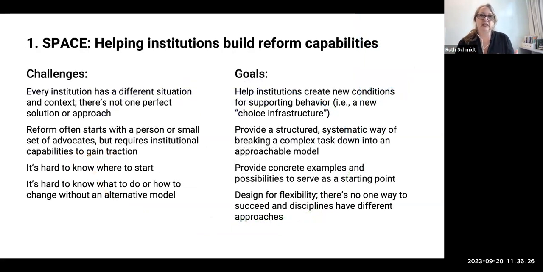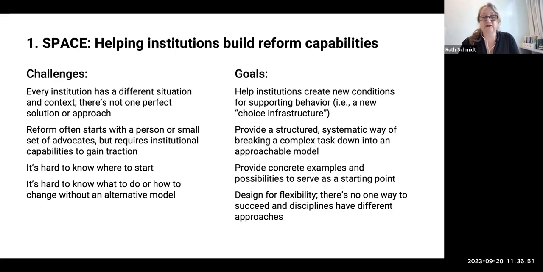So when looking at this tool, this really was designed to help institutions think about how to start, again, chipping away or evolving their perspectives towards research assessment reform. And there were several very significant challenges that fed into this. One is that every institution is distinct and different, and there's really not a perfect way of doing things. Contexts are different.